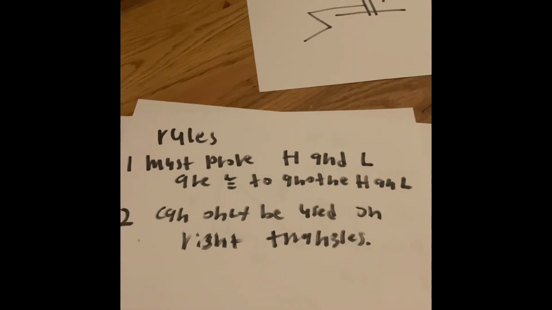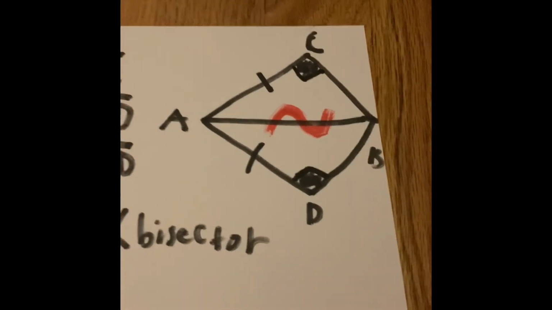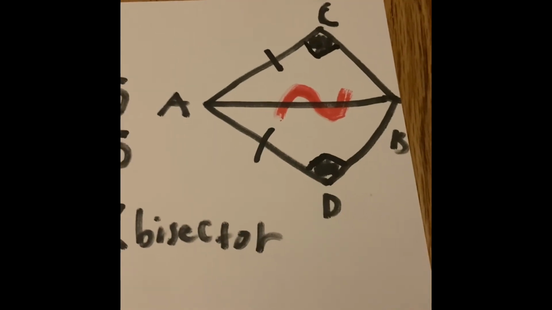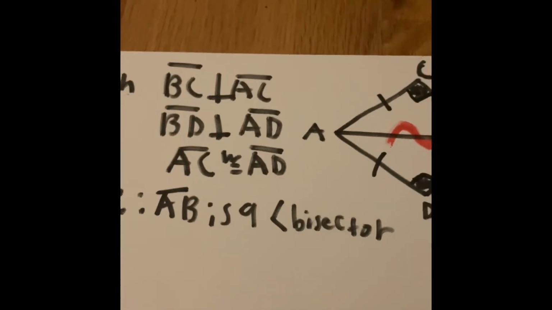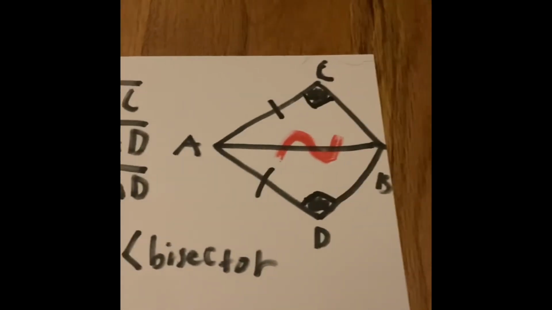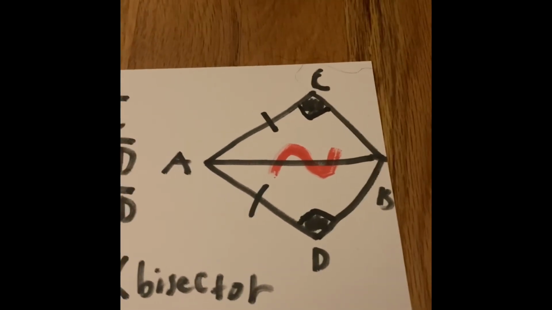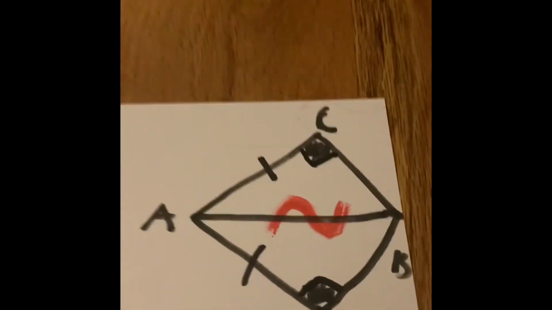But we're not done yet. There are still triangles on the field we have to talk about. And we still have to figure out that AB is going to be an angle bisector. If you want to find that AB is an angle bisector, we need two congruent angles. But where?